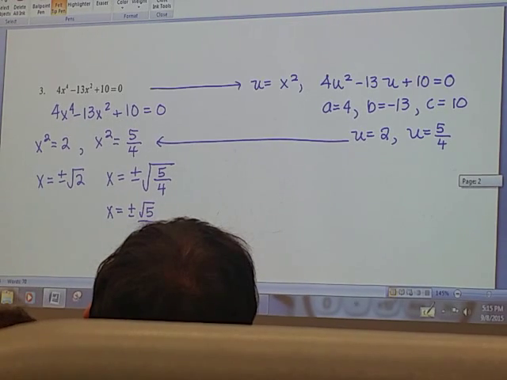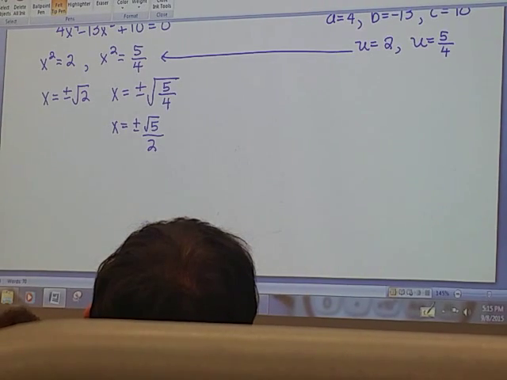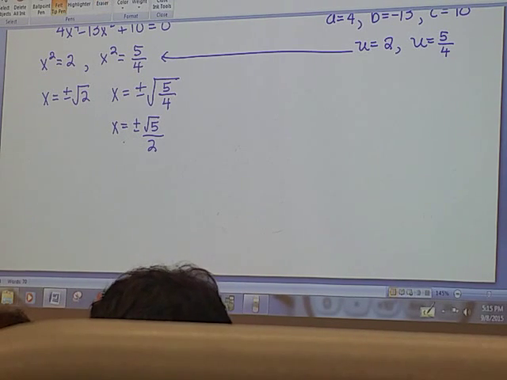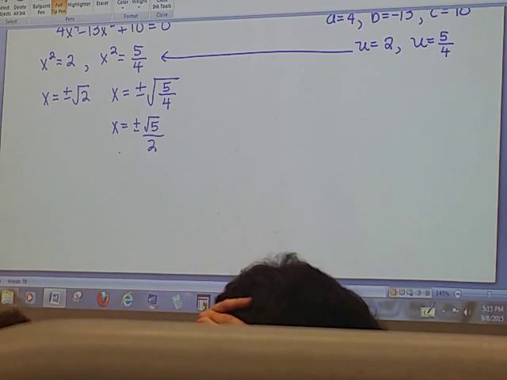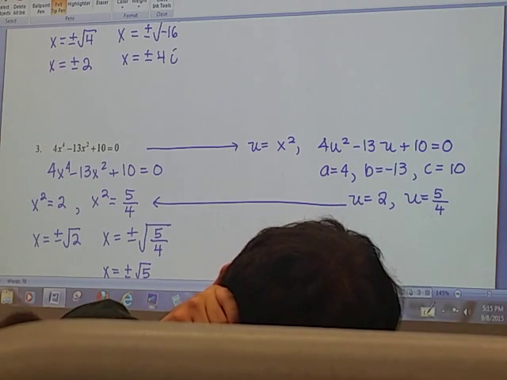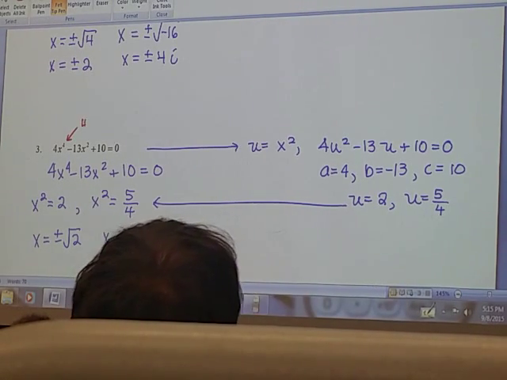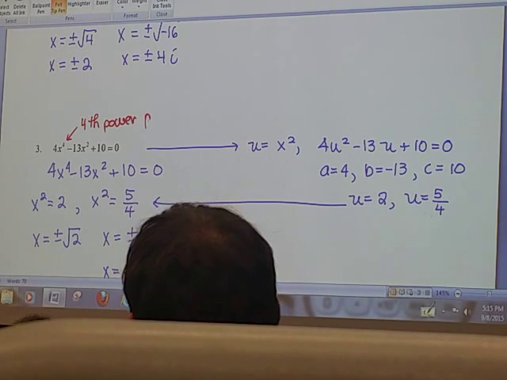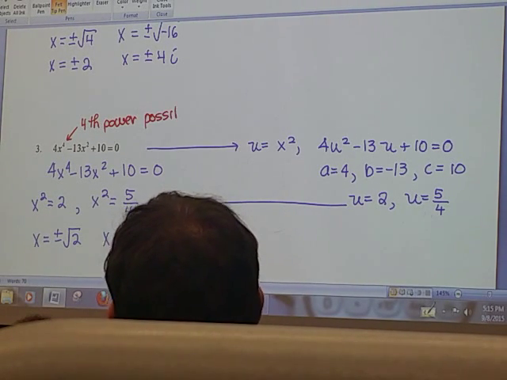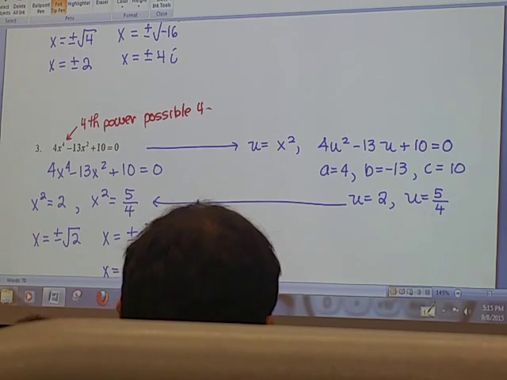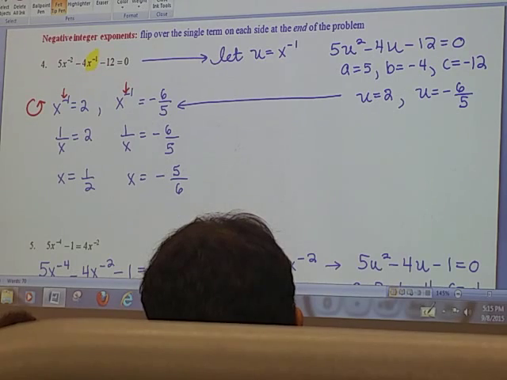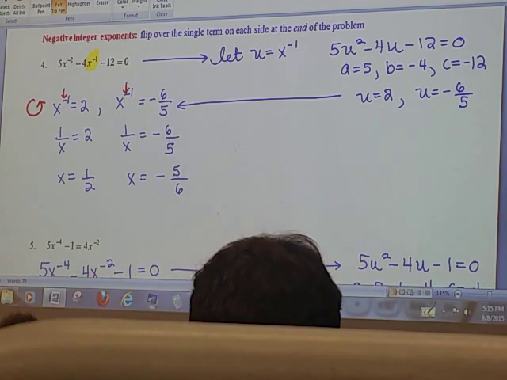I know, seems so long ago, but see, plus or minus, plus or minus, that's 4. It goes by the power. This has the 4th power. So that's possibly 4 answers. This is a negative exponent, but it's still only negative 2, so that's only going to have 2 answers.